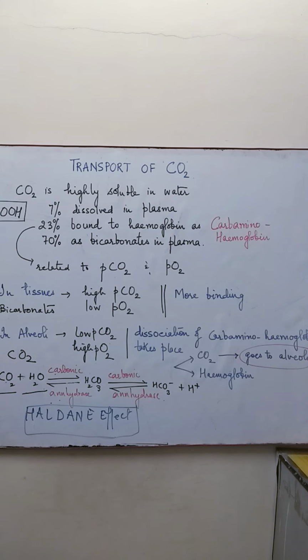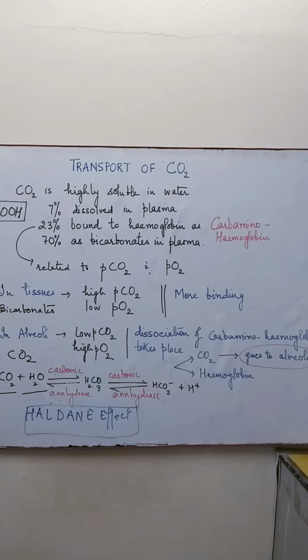We know that carbon dioxide's ability to bind with hemoglobin is affected by the amount of oxygen which is bound to the hemoglobin. So that means if less oxygen is available and more carbon dioxide is there, the binding between hemoglobin and carbon dioxide will be more, and vice versa. So the smaller the amount of oxygen bound to hemoglobin, the higher is the amount of carbon dioxide that can bind to hemoglobin and vice versa.